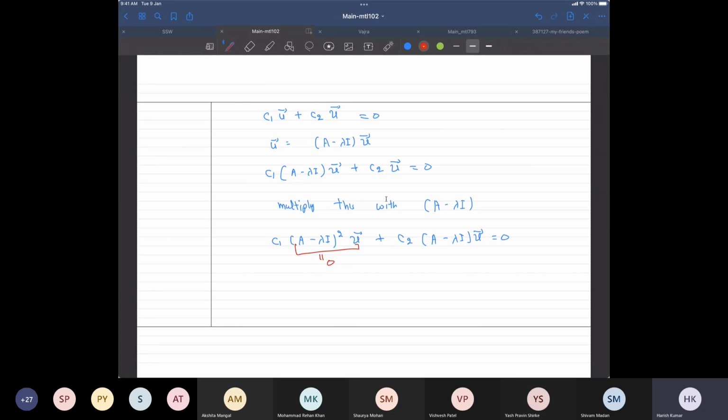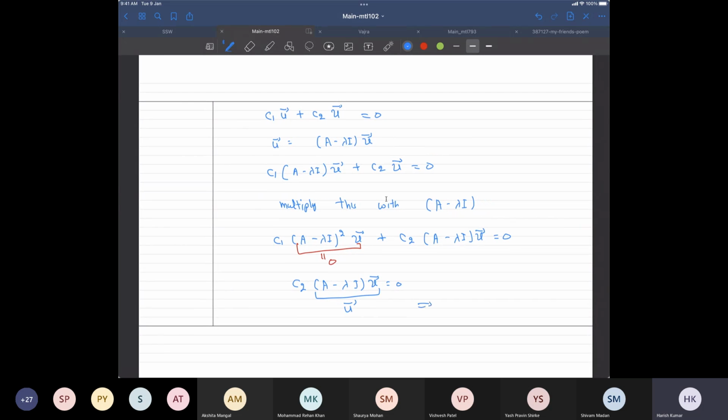With that, what you get is C2 (A minus lambda I) v equal to 0. But note that this is equal to u. So this implies that C2 u is equal to 0. But u is an eigenvector, so it cannot be 0. So this implies that C2 is 0.